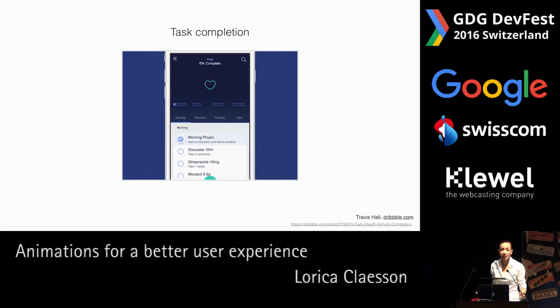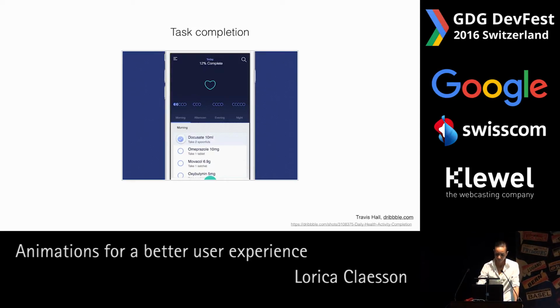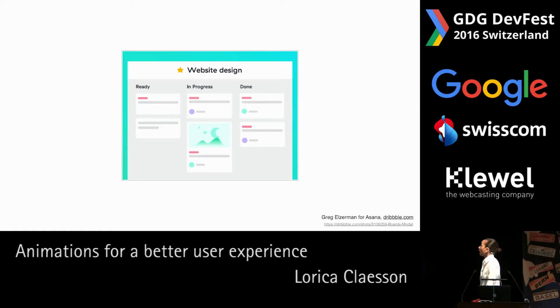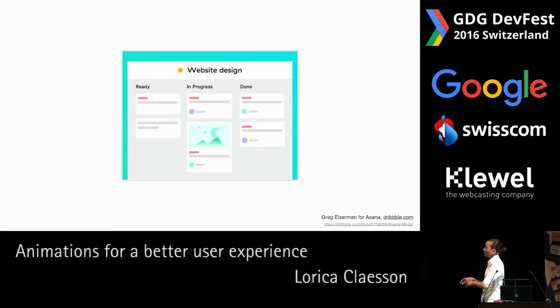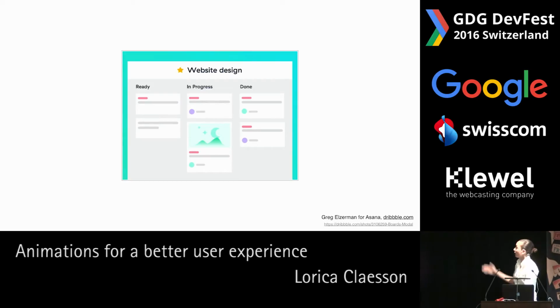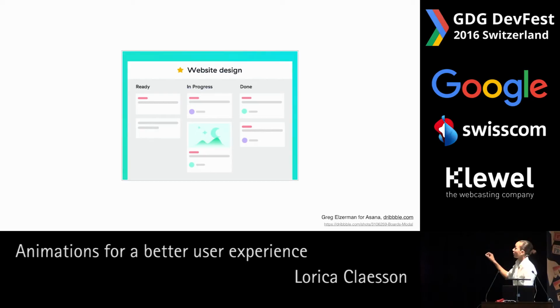Imagine this without animations. Another example with a card view. There are immediate state changes and list responses to what happens when the user moves a card around.